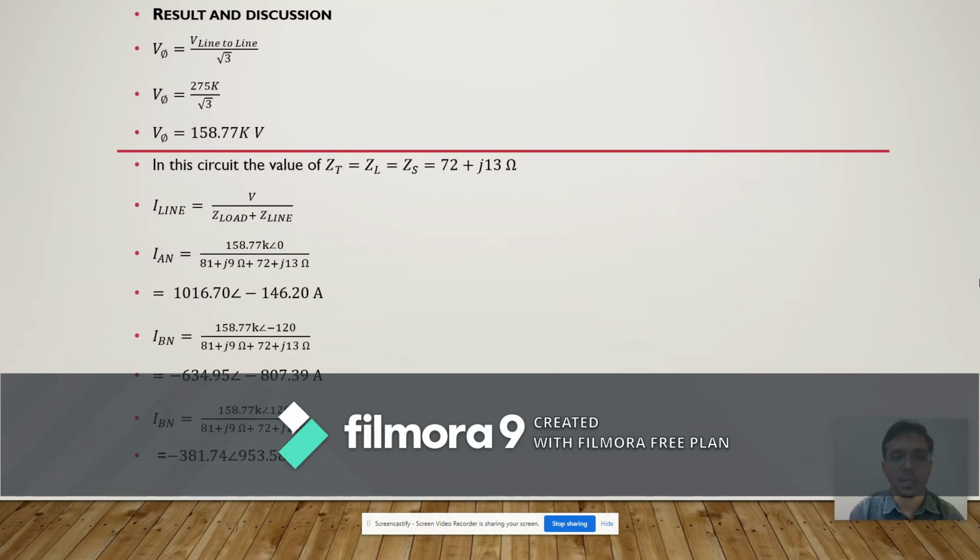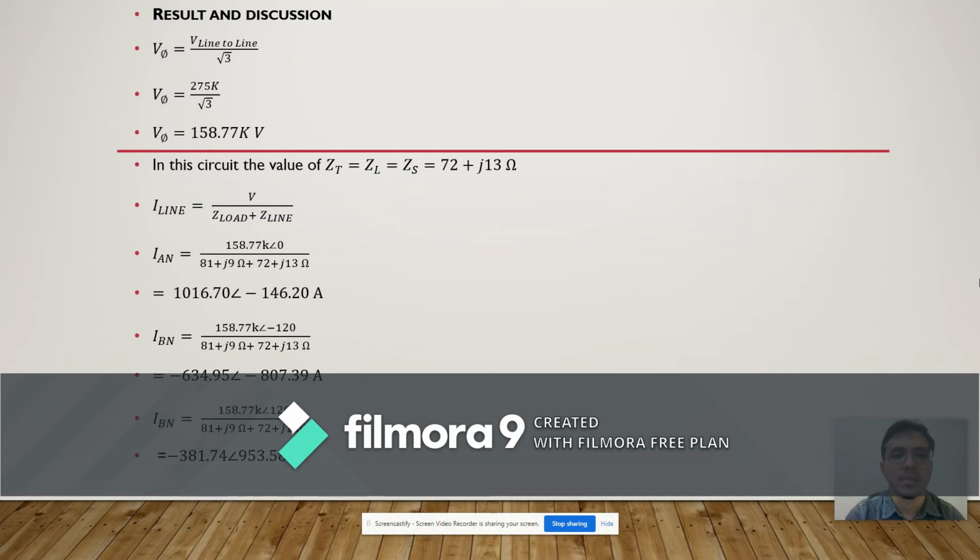This is for the result and discussion. V phase is equal to V line to V line over root 3. V phase is equal to 275K, which I already mentioned, as Dr. Tiang gave me this value.